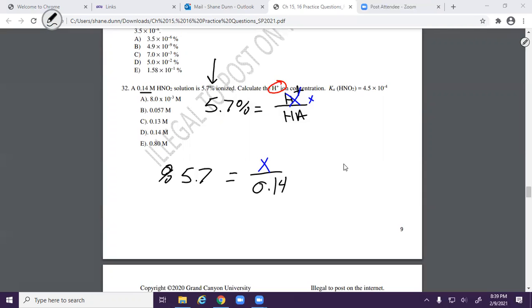Percentage. How do I get rid of percentage? What do I do? Divide by 100. How do you get rid of percentages? Divide by 100, right? So take your 5.7, divide by 100, what do you get?